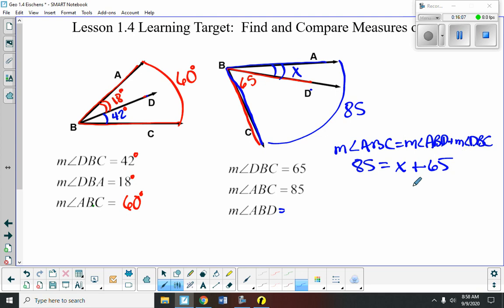How would you solve that using algebra? So X equals 20. And hopefully you can look at this picture and know that 65 plus what number gives you 85? You'd have to subtract. So 85 minus 65 would give you 20. So you get 20 degrees.